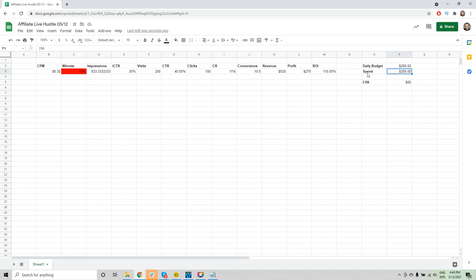What you're doing is bidding more on the same traffic, but you're burning out on your daily budget, so you get less traffic. Meaning that less traffic means less visits, less clicks, less conversions, less revenue, less profit, less ROI. So it's never a good idea to increase your bids if you don't have any room in your daily budget, okay?